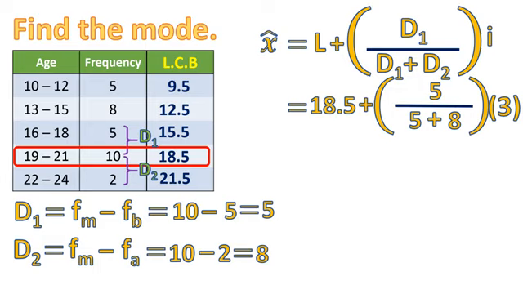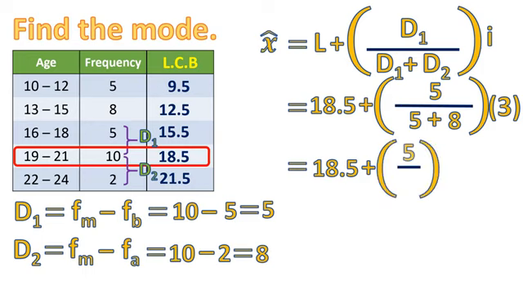Then let us compute. So let's copy 18.5 and plus, because we're going to use that later. Let's solve first what's inside the grouping symbol. So copy the 5 and solve 5 plus 8, which is 13. And so let's just copy 3. So next step, we'll copy the lower class boundary.